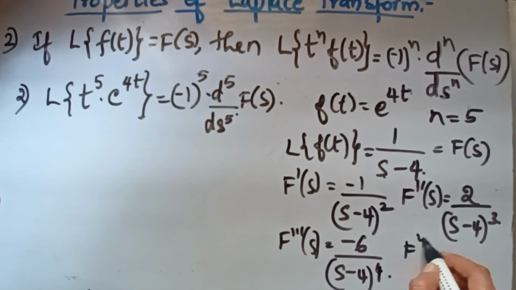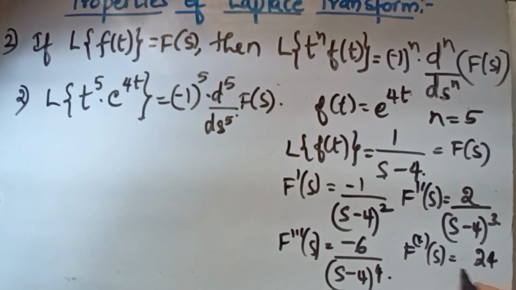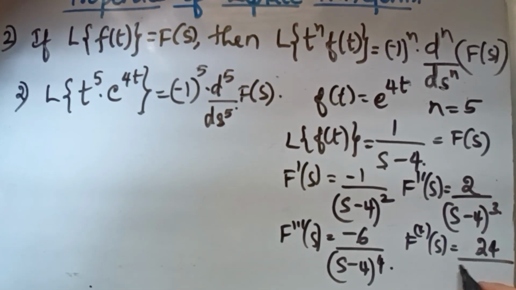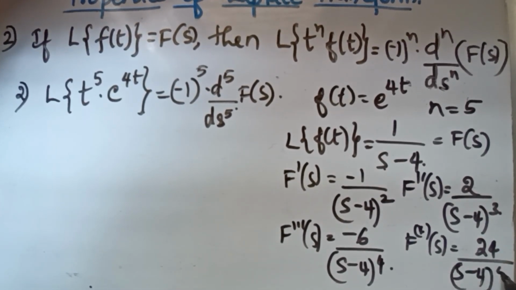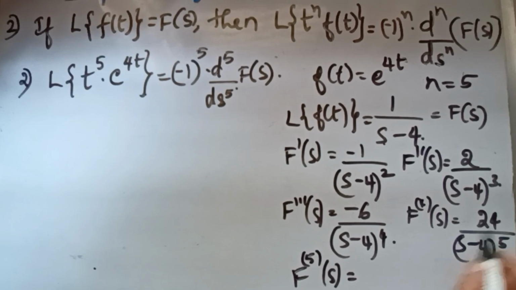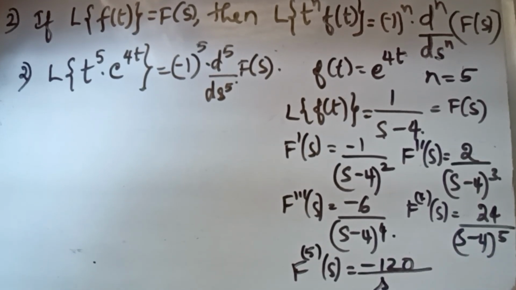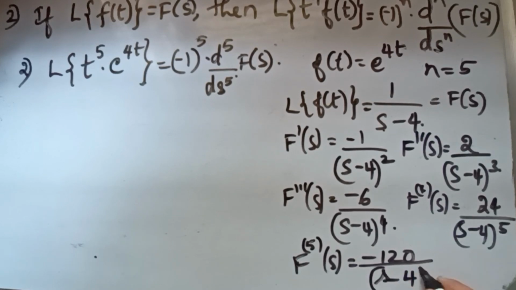Then the fourth derivative of f of s is equal to plus 24 divided by (s minus 4) to the power 5. Then the fifth derivative is equal to minus 120 divided by (s minus 4) to the power 6.